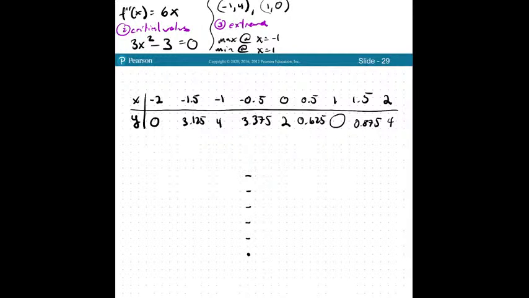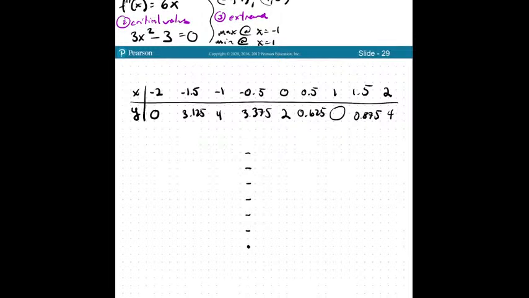We don't really need to go down that much because we don't have any negative y values. And then we need to get over to plus or minus 2. That's a half, that's 1, that's a half, that's 2, and that's 3. That's a half and that's 1, a half and 2, a half and 3, okay?